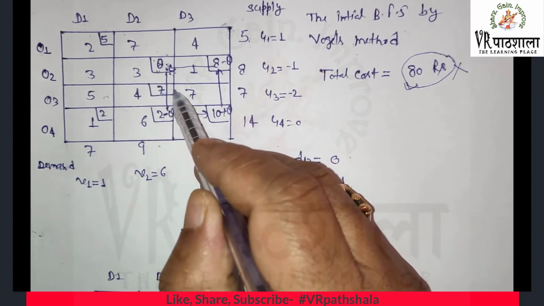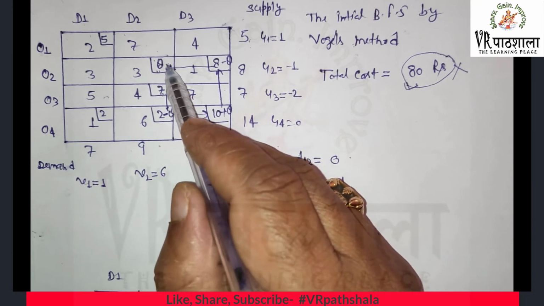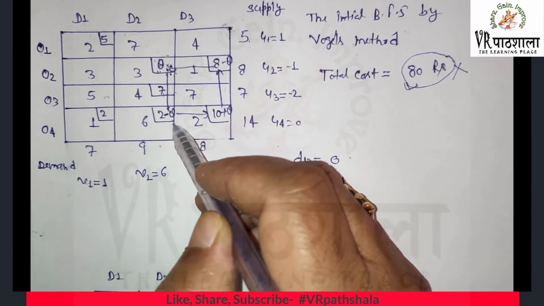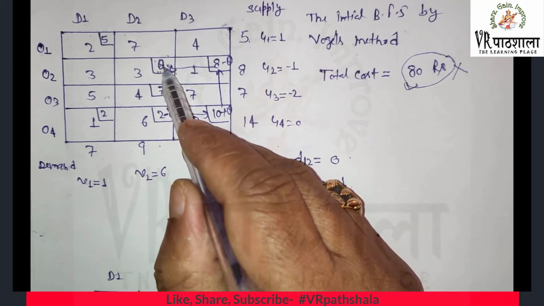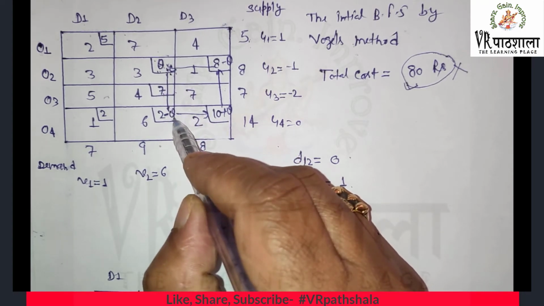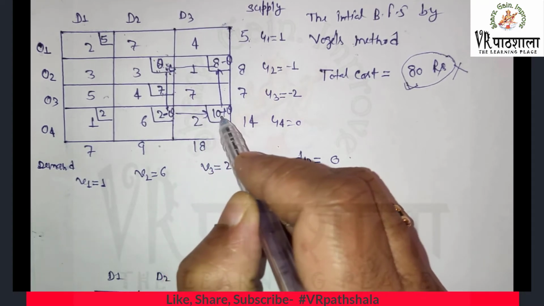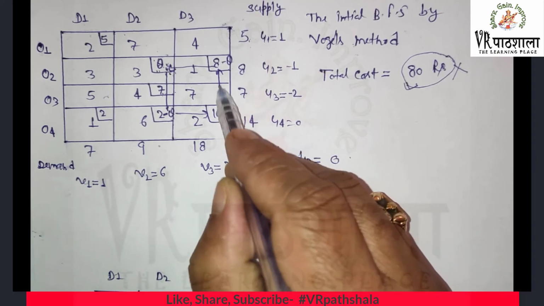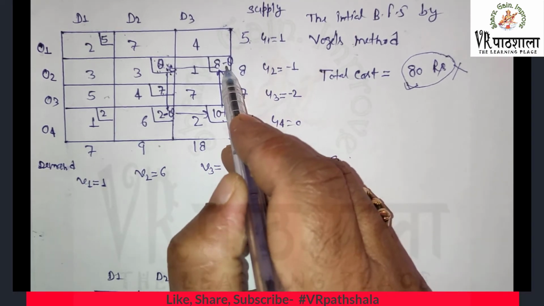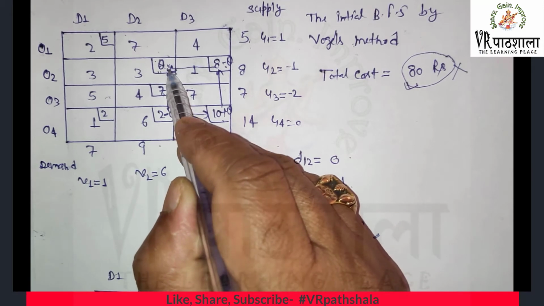Now we move from this cell to this allocation. Here this is plus theta and here minus theta. Next allocation plus theta, next allocation minus theta, and we close the loop.